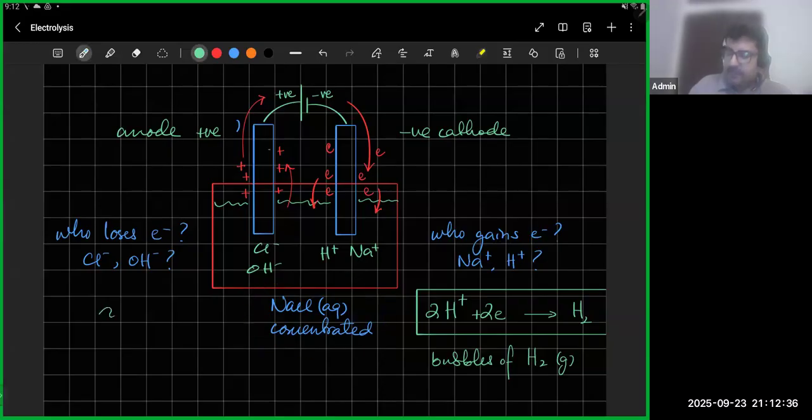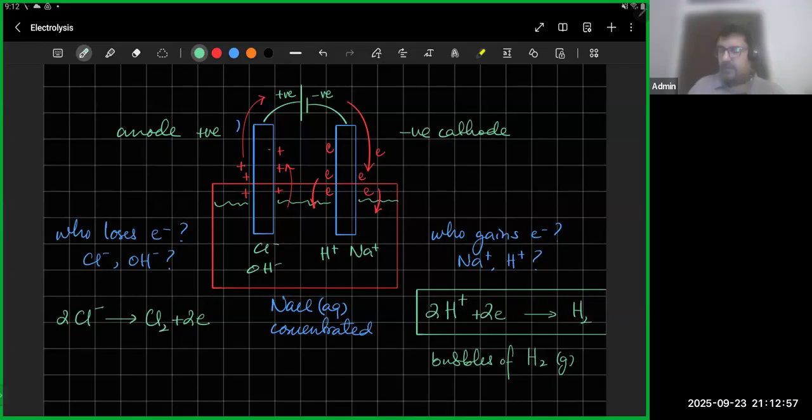And so I'm going to write the equation of Cl ions losing electrons. They've got one extra electron, so they'll become neutral. And an electron would be lost. But Cl is diatomic, which means I have to double it. So 2 electrons would be lost. 2 Cl atoms would be produced, and they'll end up forming Cl2 gas molecules.